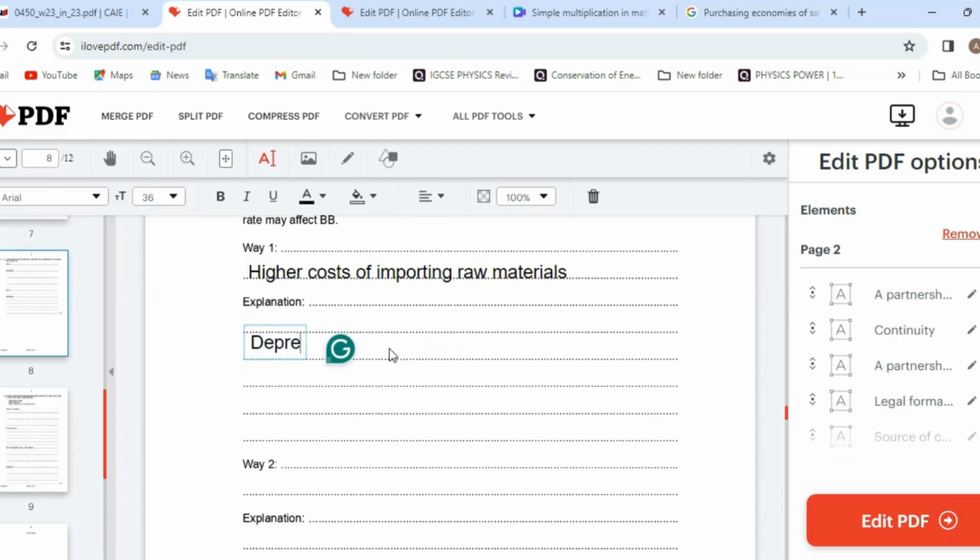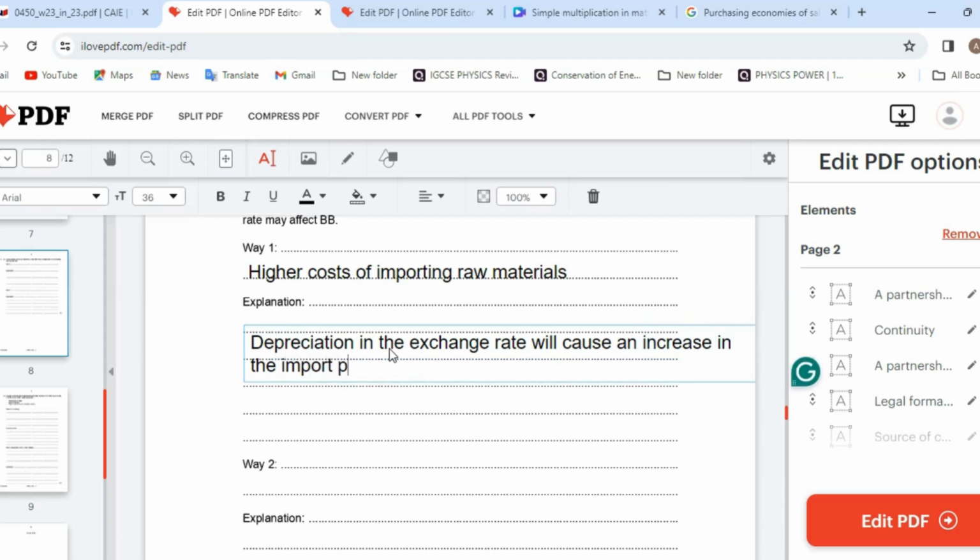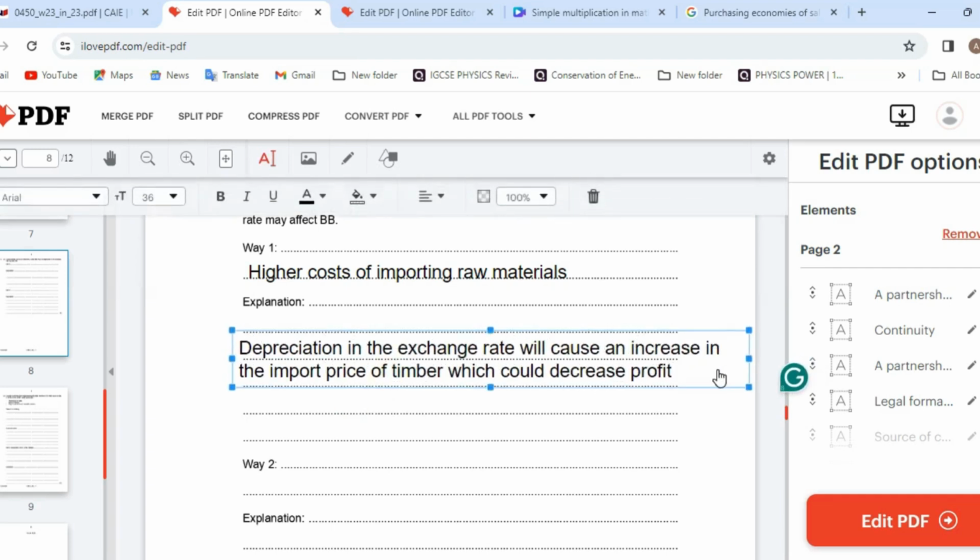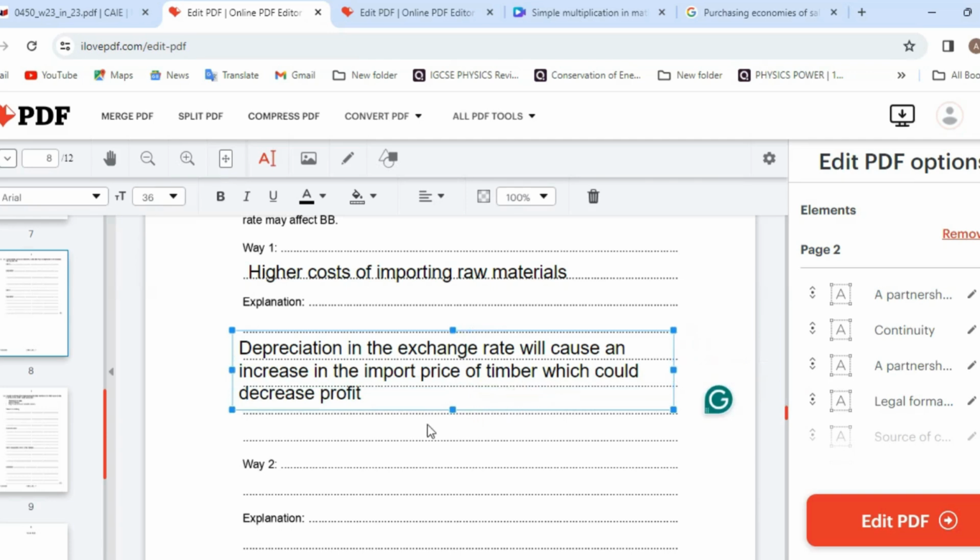Let's say depreciation in the exchange rate will cause an increase in the import price of, let's say, the timber they are using, which could decrease profit, as the price may discourage sales.